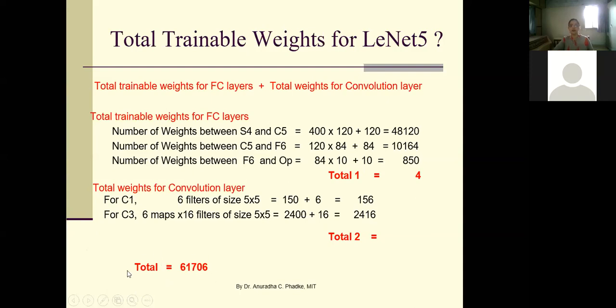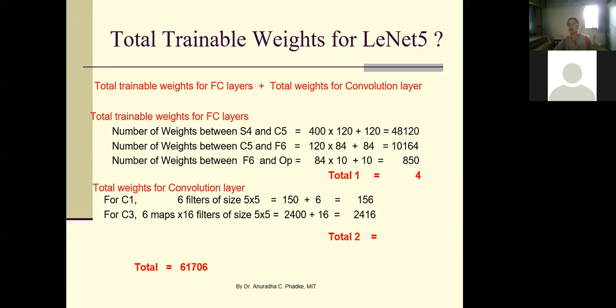And this total is 61706. So you can understand how computationally intensive your convolutional neural network is. For this particular LeNet example, there are only 2 convolution layers and 3 fully connected layers, and with that you need a total of 61706 trainable parameters.